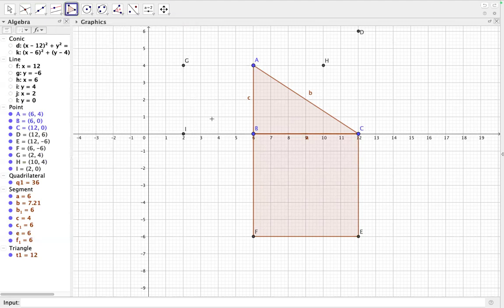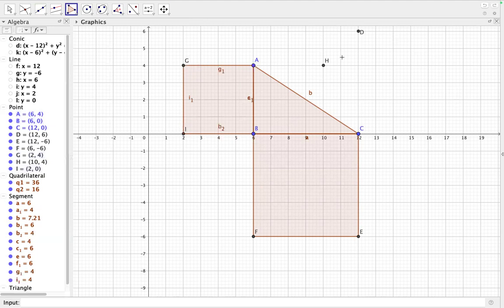Then using the polygon tool, I connect these points. Then the last one, which is this side, can be a little tricky, but we are going to do it because it is slanted. So how do we start?